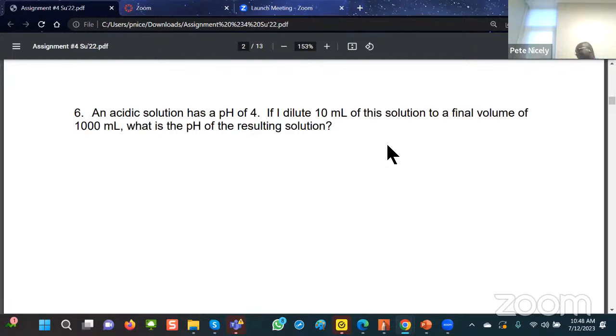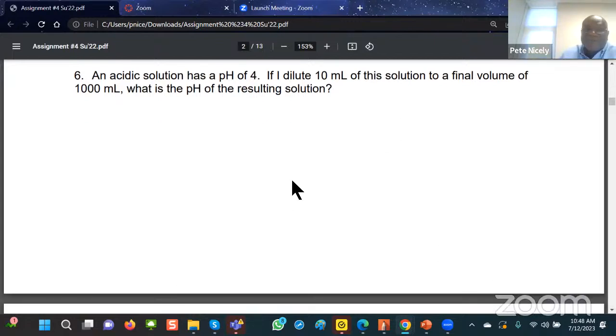This has to do with dilution. And you should recall a very important equation when it comes to dilution. What's the dilution equation? Can anybody tell me? There's an equation that you use to calculate the concentration of a more dilute solution made from a more concentrated solution.